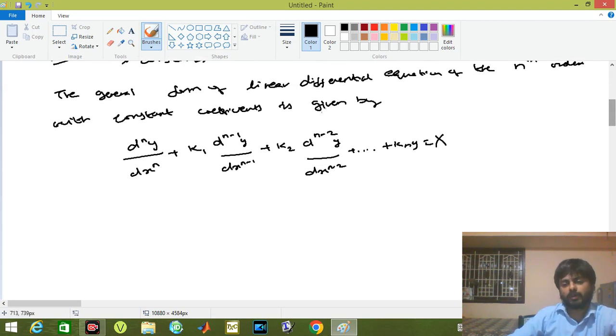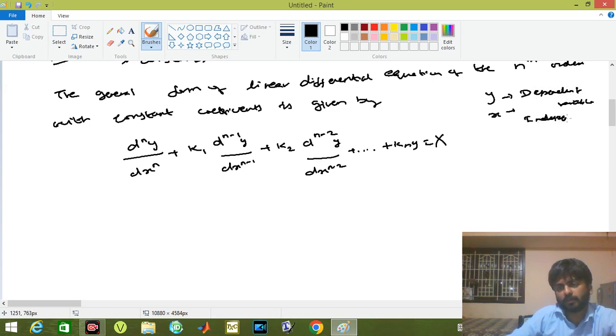Here you can see y and x are variables. y is the dependent variable, whereas x is the independent variable.